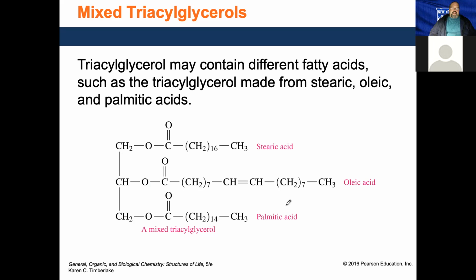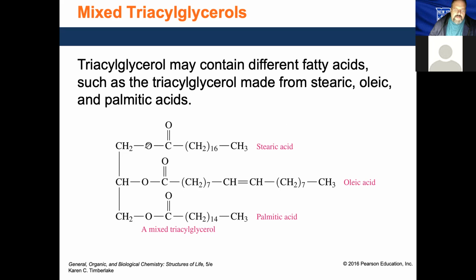One of the things that's not discussed as often is that with these mixed triacylglycerols, you could really have isomerism. Sometimes when I look at a triacylglycerol, I look at these as rows: row 1, row 2, and row 3. But keep in mind, it's all one structure because the carbons of the glycerol are connected to each other.